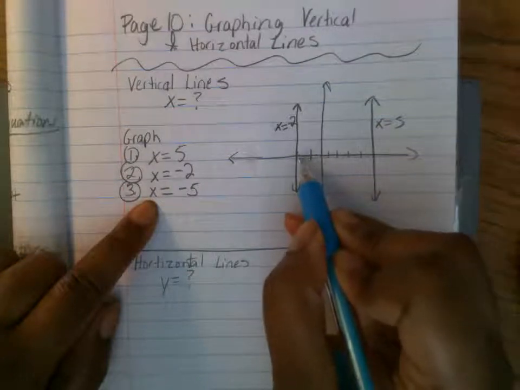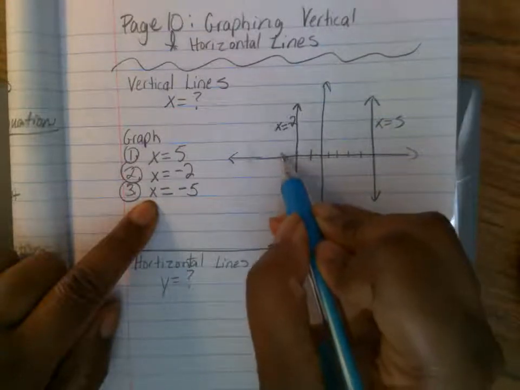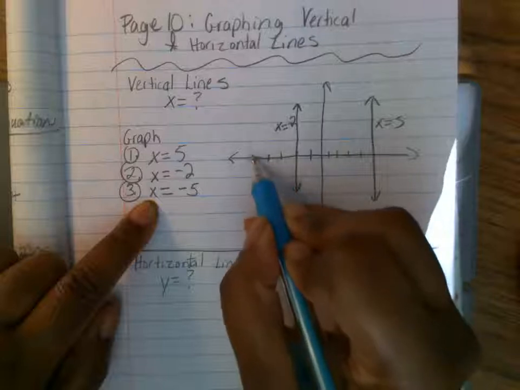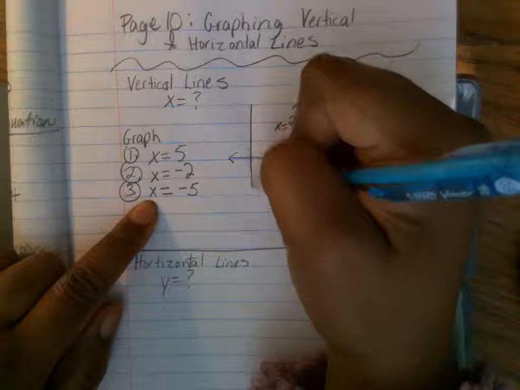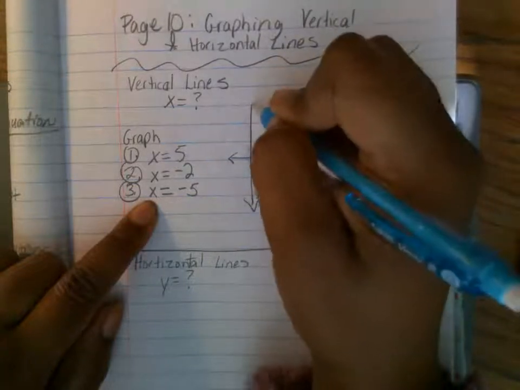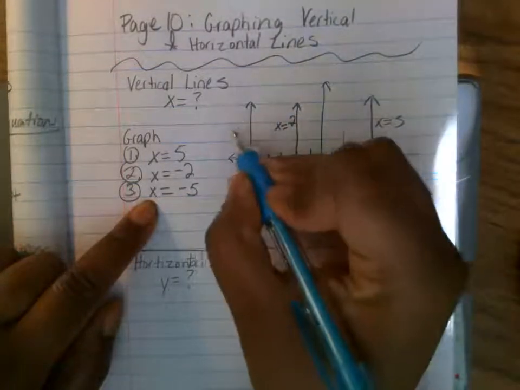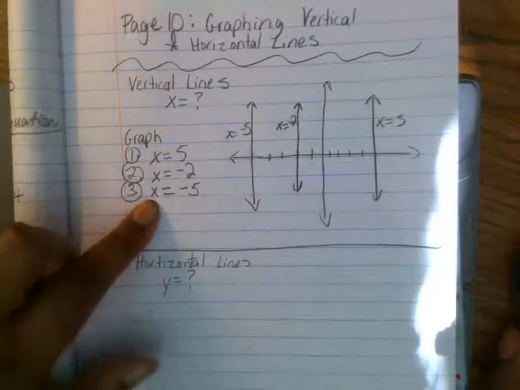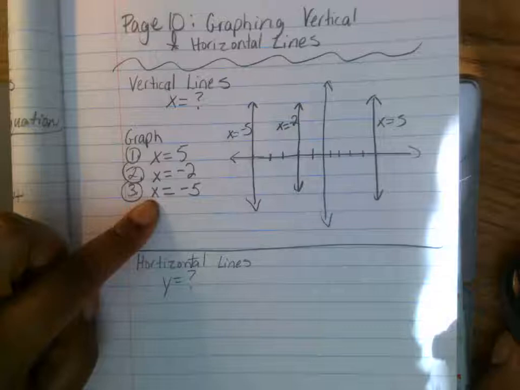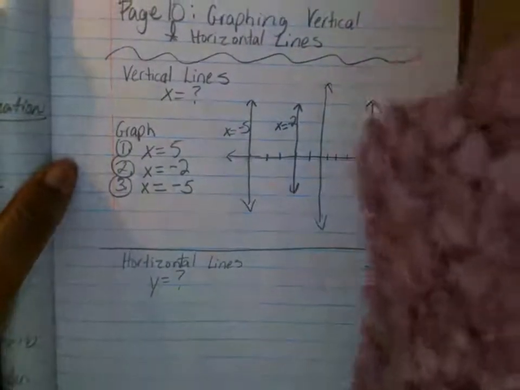This is 0, 1. This is negative 2, negative 3, negative 4, negative 5. And I'm going to draw a line through negative 5 on the x-axis. So the equation for this line is x is equal to a negative 5. Any questions about that?